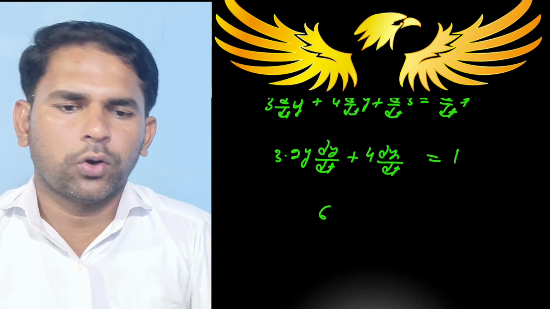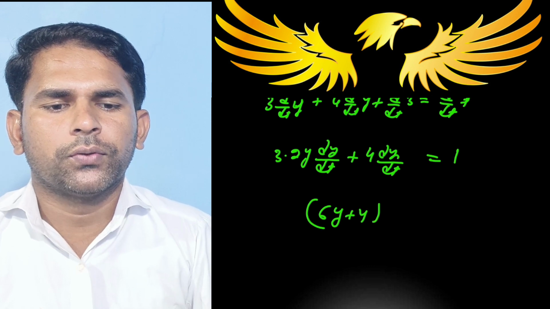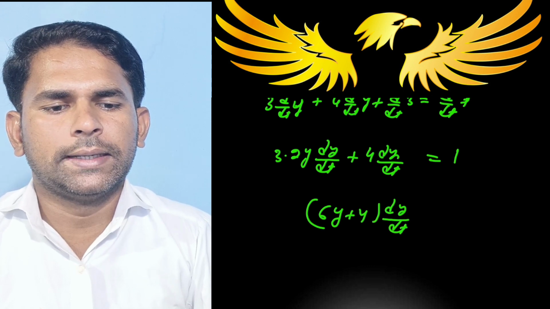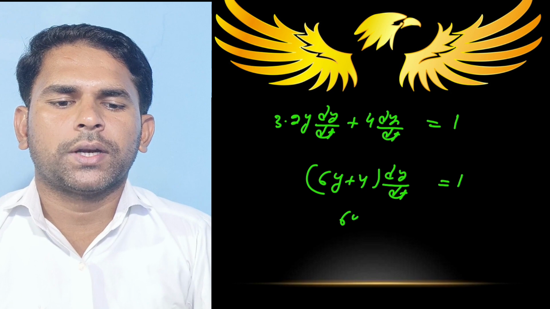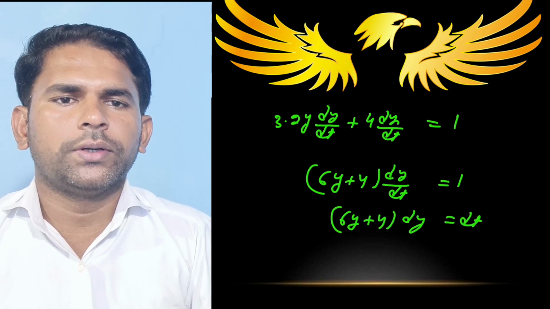So we can take dy over dt common, so we write 6y plus 4 times dy over dt is equal to 1. So we can write 6y plus 4 dy is equal to dt.